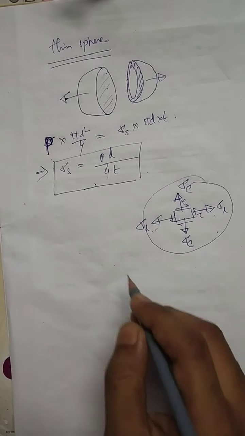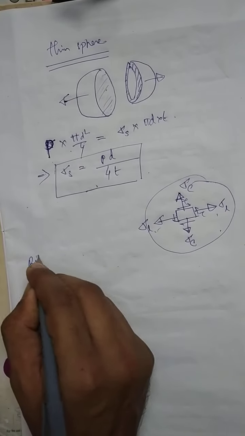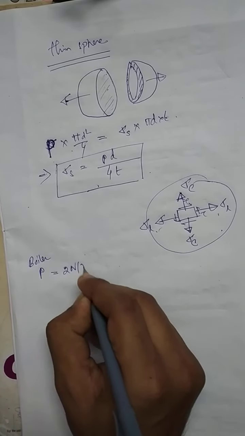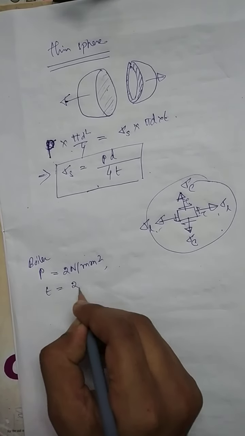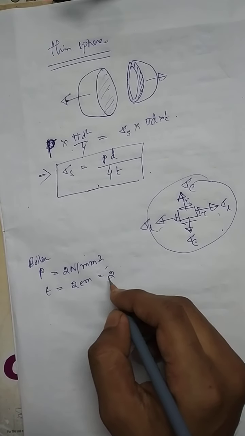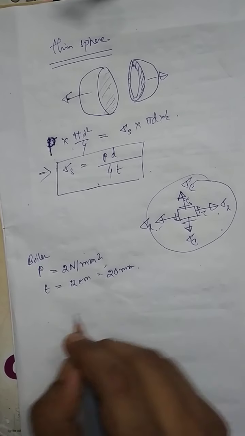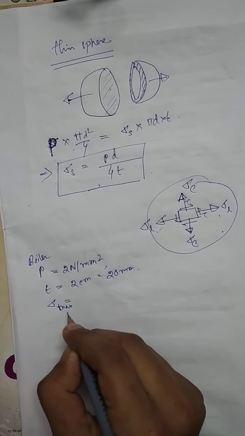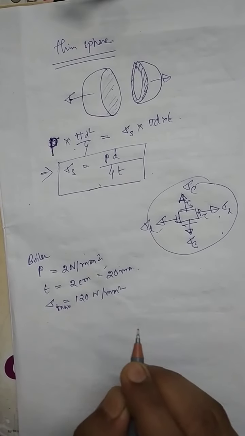A boiler is subjected to an internal steam pressure. Boiler internal pressure P is 2 Newton per millimeter square. The thickness of the boiler plate is 2 centimeter, which is basically 20 mm. Permissible tensile stress, sigma max, is 120 Newton per mm square.